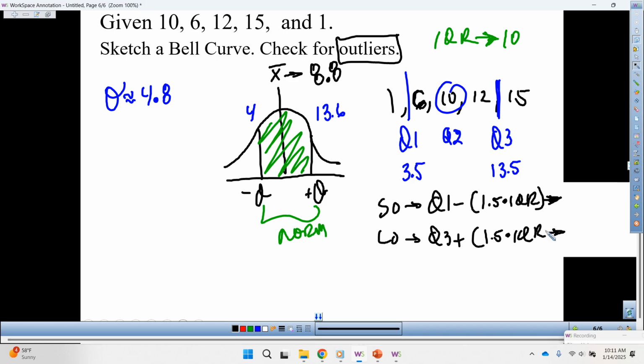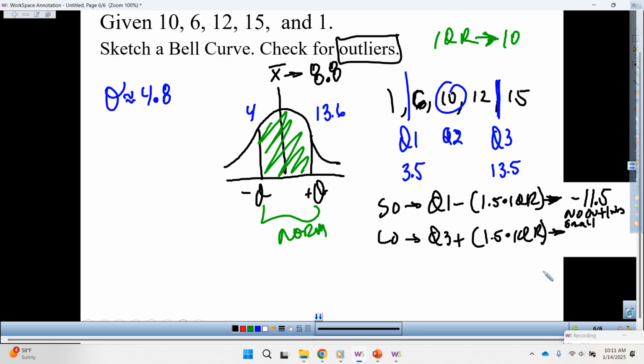Negative 11.5. Hands, have you got something like that? Do we have any negative numbers in this data? No. So there are no small outliers.